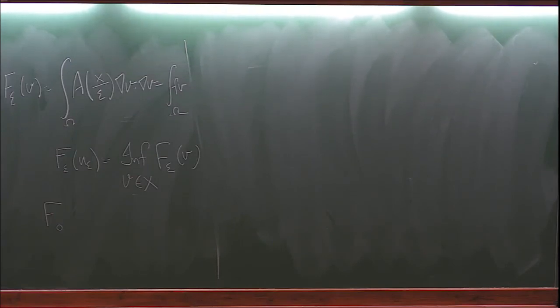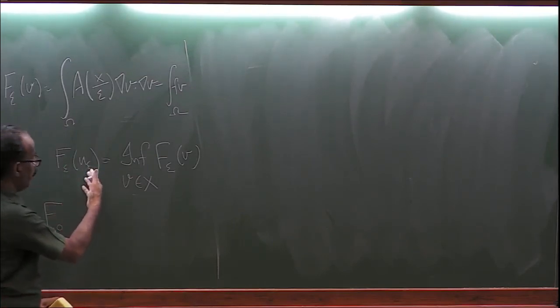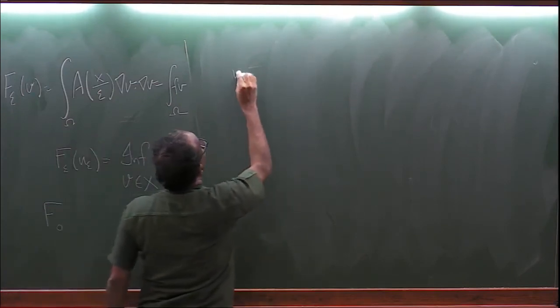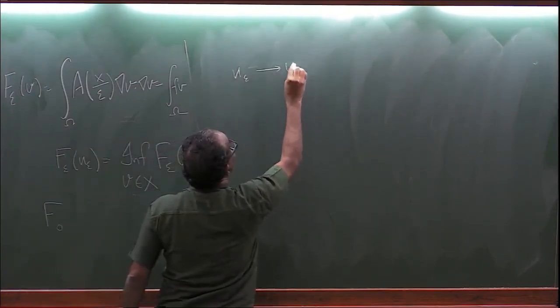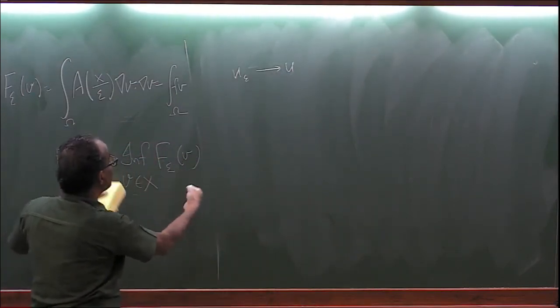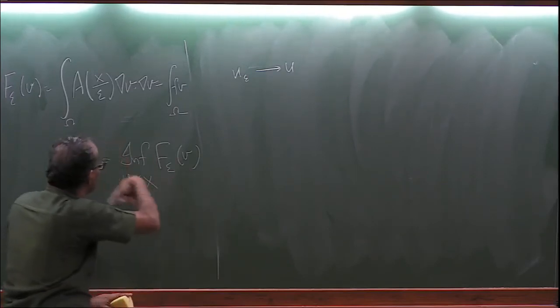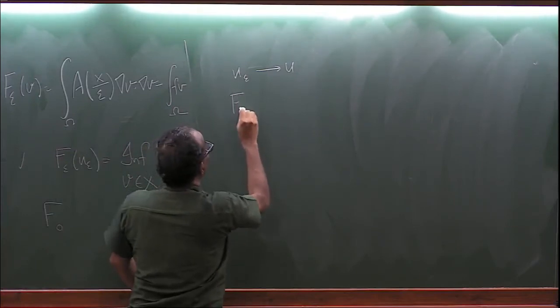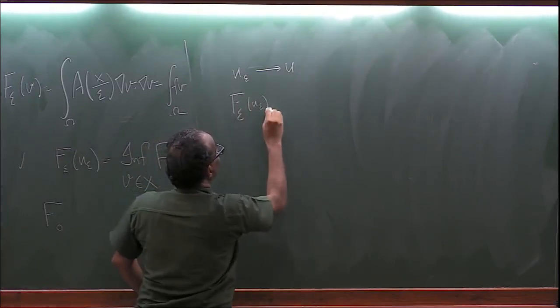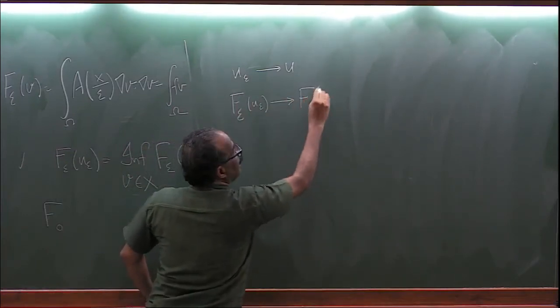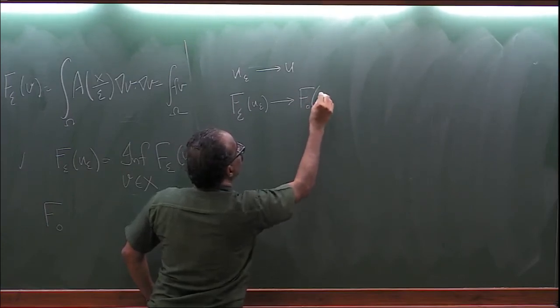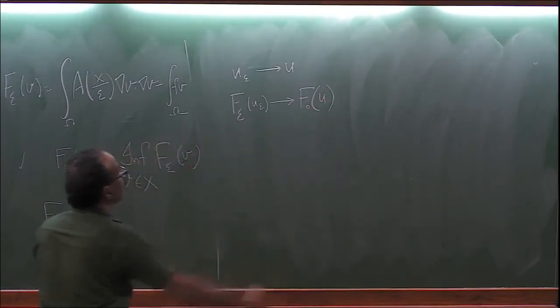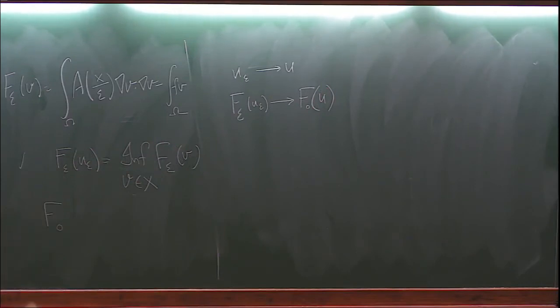In other words, you want to see that U epsilon converges to U, and you want to see the convergence of F epsilon of U epsilon to F naught of U, and how the minimizing sequences go there.